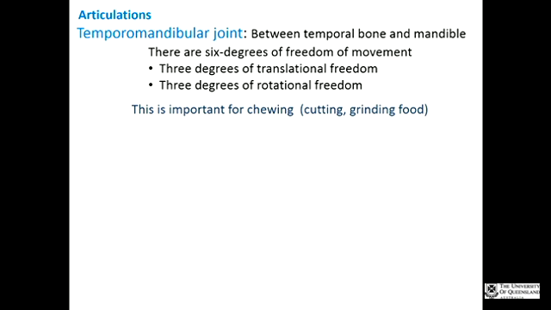And you can depress your jaw, you can lower your jaw a little bit, and you can then raise it again. You can offset it to the side very slightly. And these things are translational movements, and you can move in the X, Y, and Z planes. And it's important for the physical processing of chewing, cutting and grinding. And we're not the best examples of this.